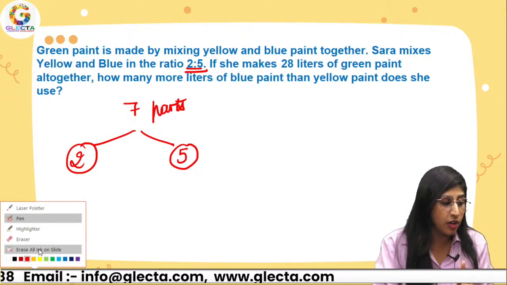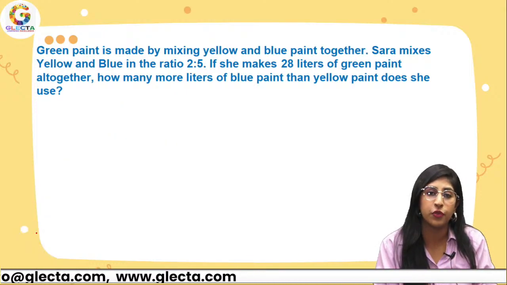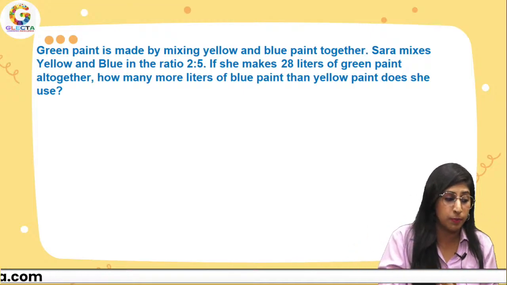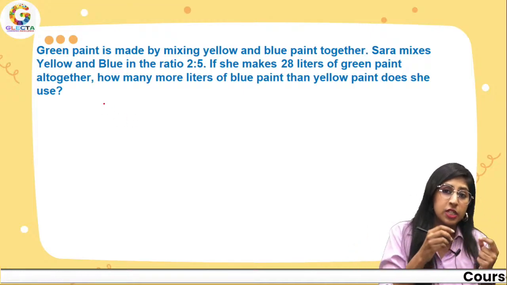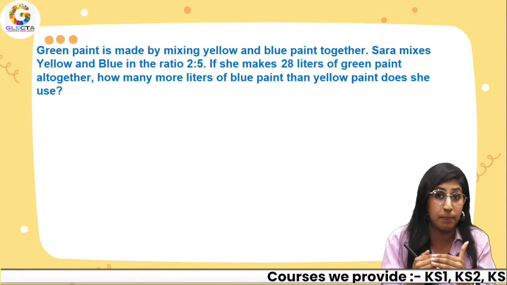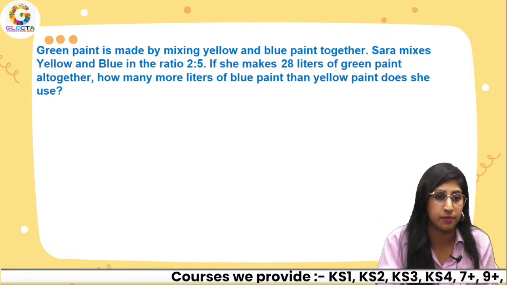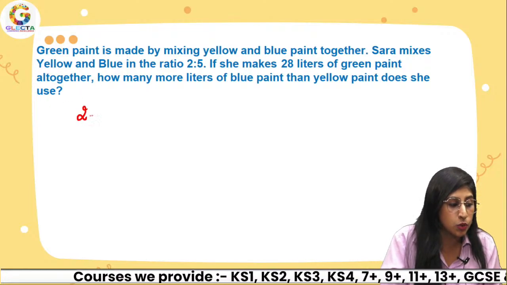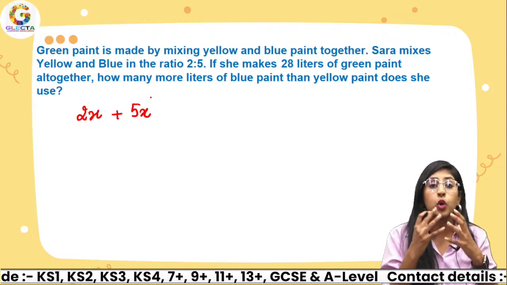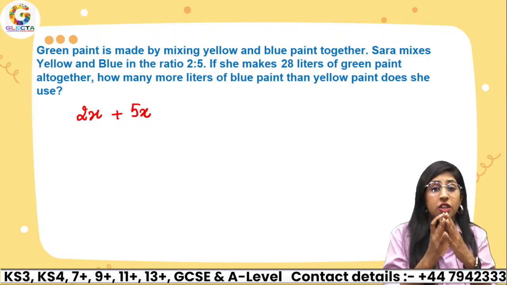So now over here, how do we solve this kind of question? Simply, I told you that the total would be 7 parts, right? Imagine that you have the value as x for each one of the parts that we are dividing it in, right? That means 2 times x plus 5 times x. What is x over here?